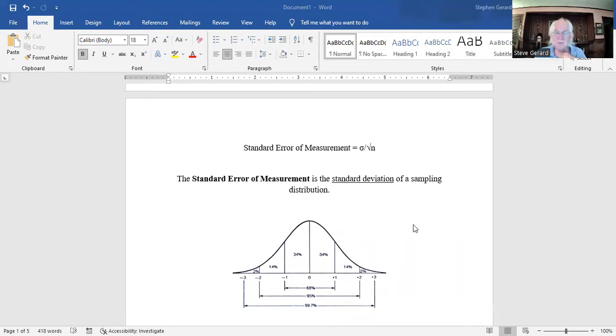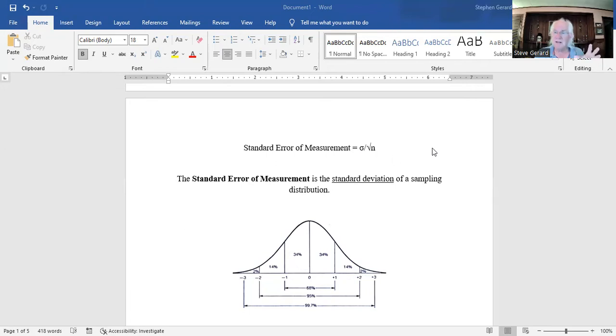In a sampling distribution, the standard error of measurement is the standard deviation. And the standard error of measurement is equal to sigma divided by the square root of n. N is the size of your sample. Sigma is the population standard deviation.